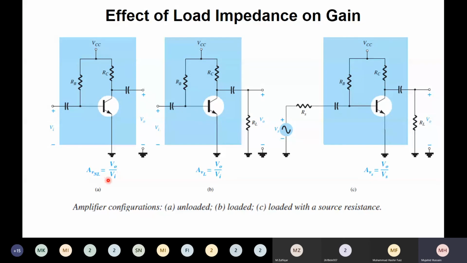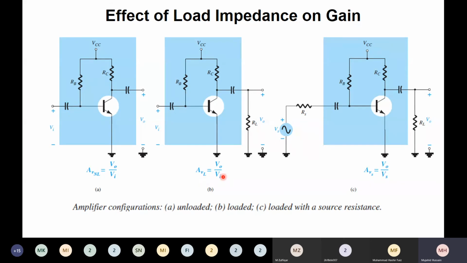Similarly, figure B is showing the amplifier configuration under the loaded conditions, and you can see that the resistance RL is added at the output side. Now the ratio of voltage V naught across this resistance RL to the input voltage will be the loaded voltage gain. Similarly, the third case is that you have used a signal source with the resistance Rs at the input side, because you apply the signal that you have to amplify.